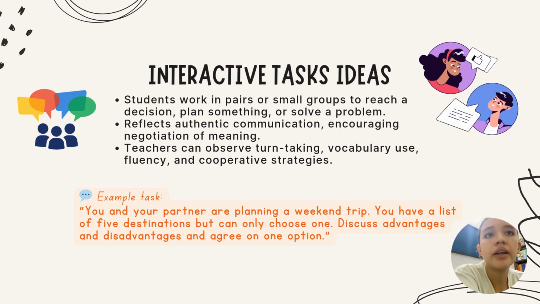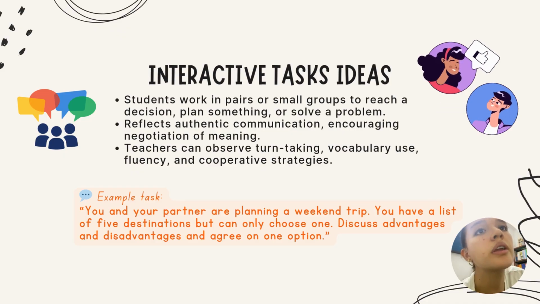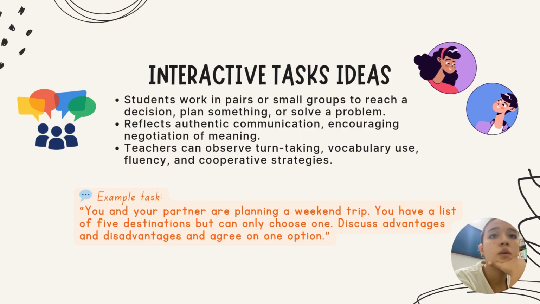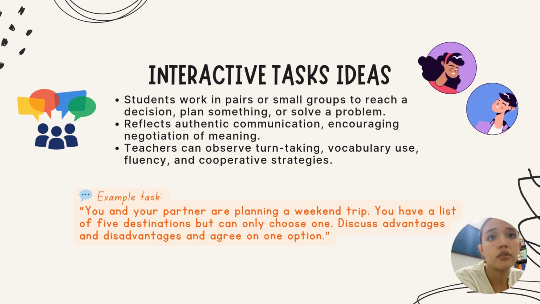Some interactive ideas for this kind of task are that students work in pairs or small groups to reach a decision. They can plan something or solve a problem that you give them, and they must reflect authentic communication, encouraging negotiation of meaning.